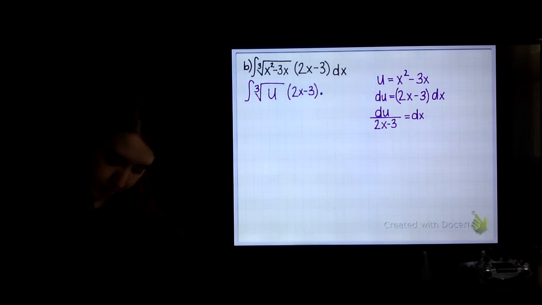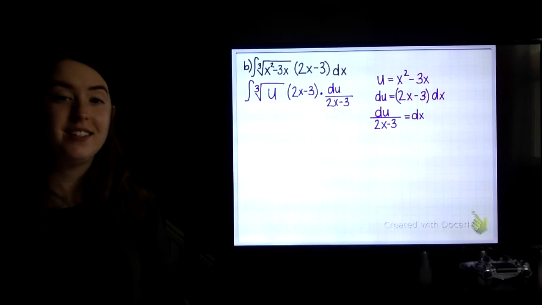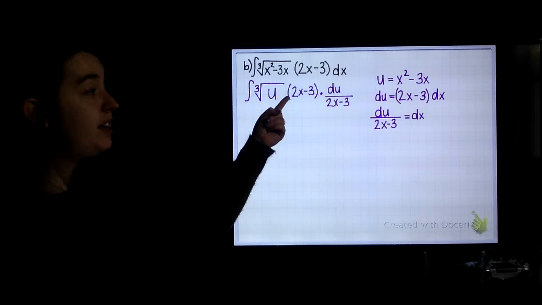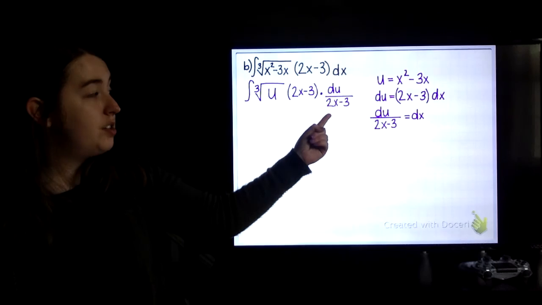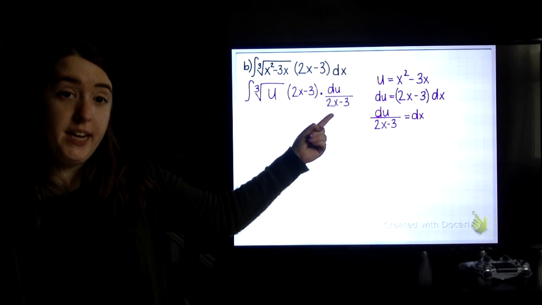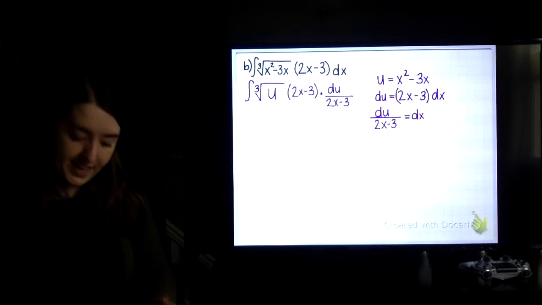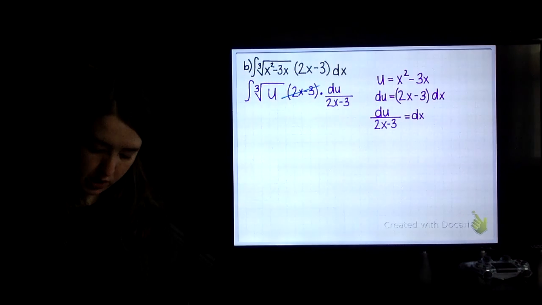So then I get multiplied by du over 2x minus 3. All right, so since 2x minus 3 is over 2x minus 3, those two pieces divide away and cancel.